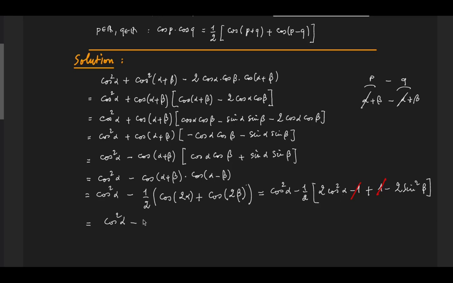So minus 1/2 times 2 cos squared alpha is exactly minus cos squared alpha. Minus 1/2 times minus 2 is plus 1 sine squared beta. And cos squared alpha will cancel out with minus cos squared alpha, and the final result is sine squared beta, which ends the proof.